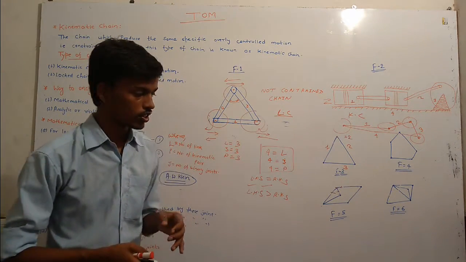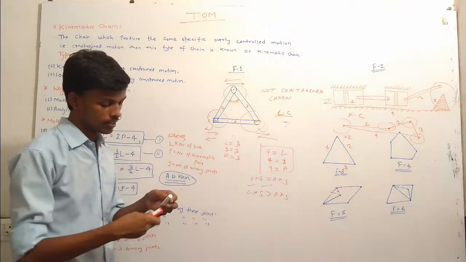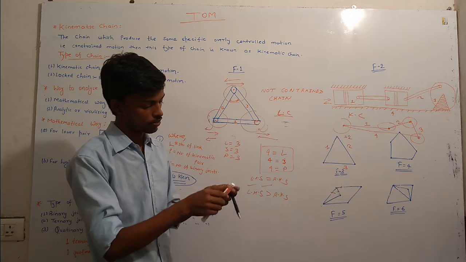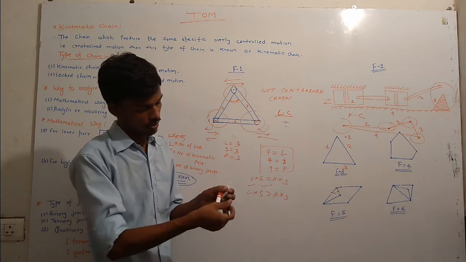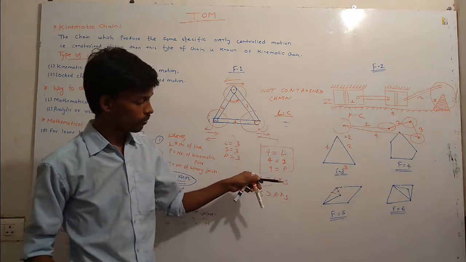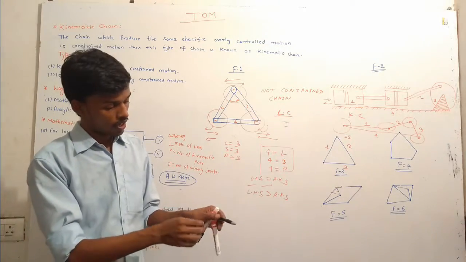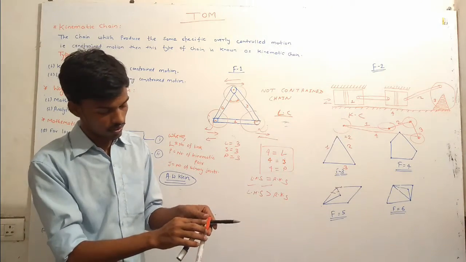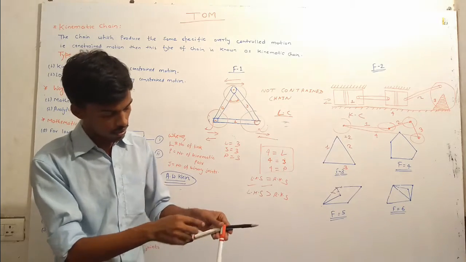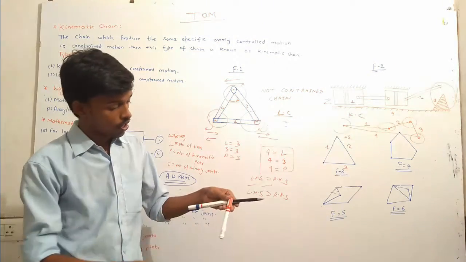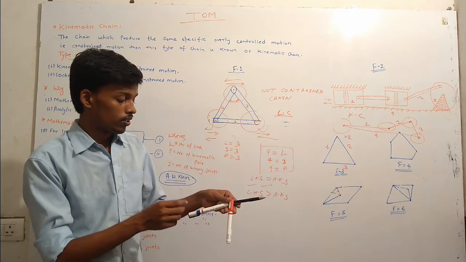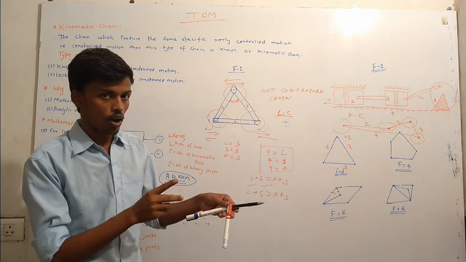Let's suppose there are 3 links joined at the same point. This point is known as a joint. If I want to join 2 links at a time, how many joints are required?